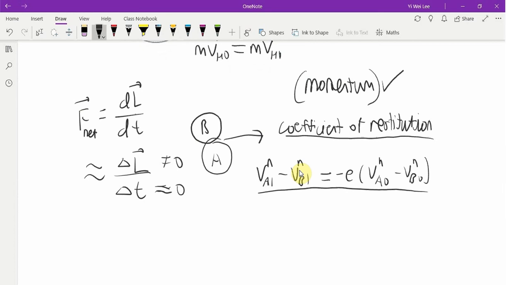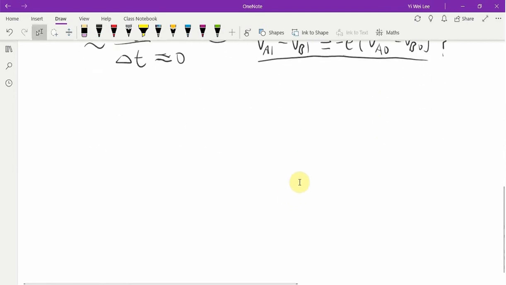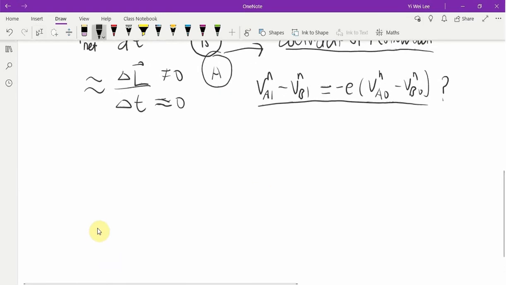What does each term actually mean? First of all, I'm going to introduce what the terms mean and explain them term by term. Let me get to the bottom of this very quickly. Let's redraw the particles.